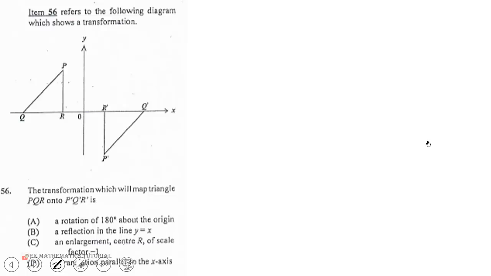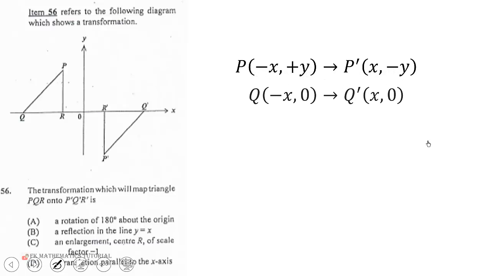Item 56 refers to the following diagram, which shows a transformation. The transformation which will map triangle PQR onto P prime Q prime R prime is. So we know that P (negative x, positive y) will map onto P prime (x, negative y). So we have Q (negative x, 0) maps onto (x, 0), which is Q prime.